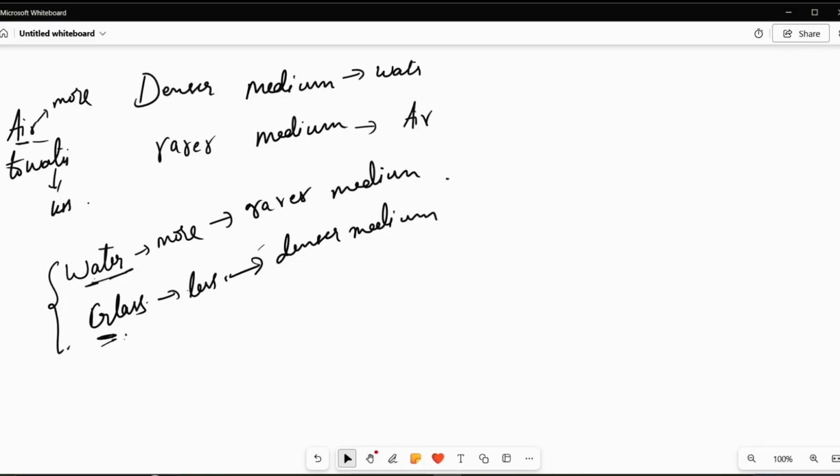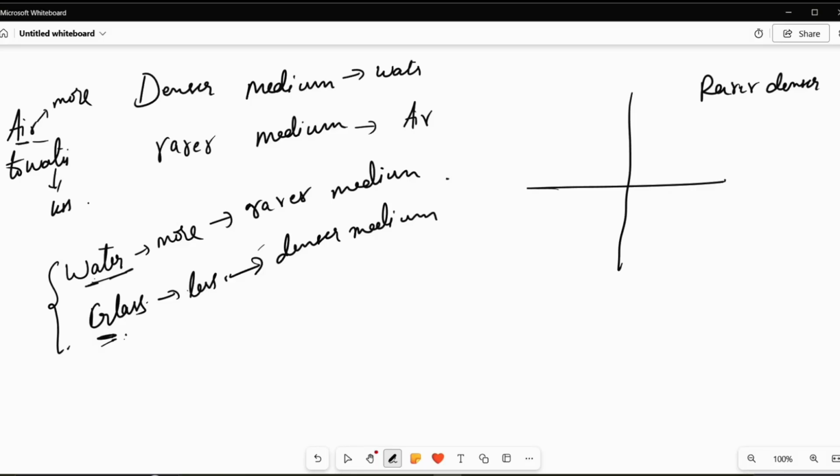Okay, understood? Now we know that light will bend. In which direction will it bend? Light will bend when it is moving from one medium to the other medium. So in which direction will it bend and how much will it bend?